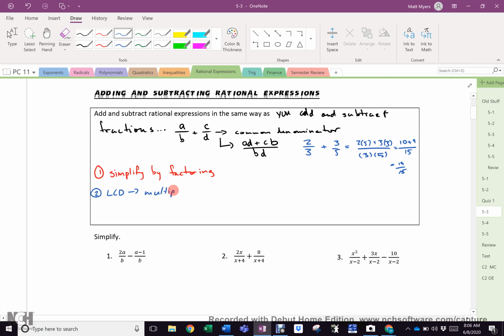Multiply all denominators together. Don't expand. And 3, change your numerators.